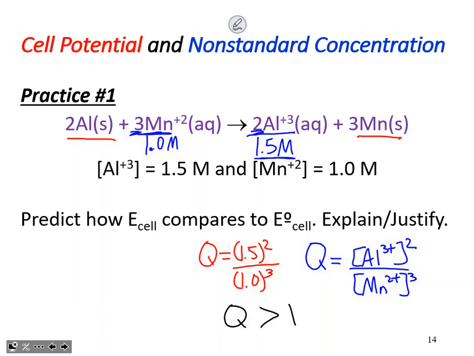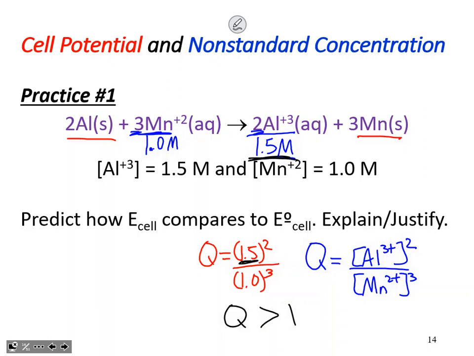Yes, it should be greater than. Because of this 1.5 on the top, dividing it by 1, we're squaring it, it's definitely going to be greater than 1. If Q is greater than 1, and also seeing here we have more product than we do reactant, then that means the reaction's driven left.